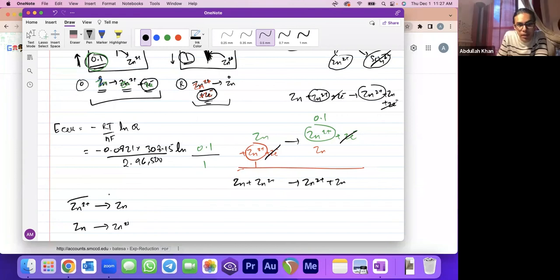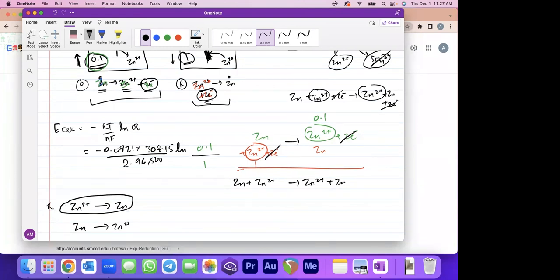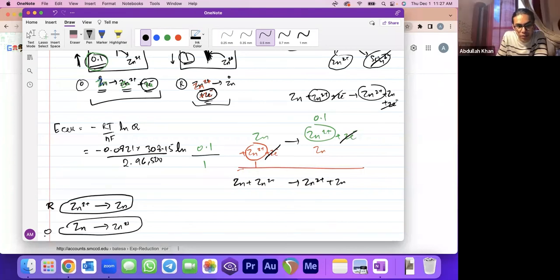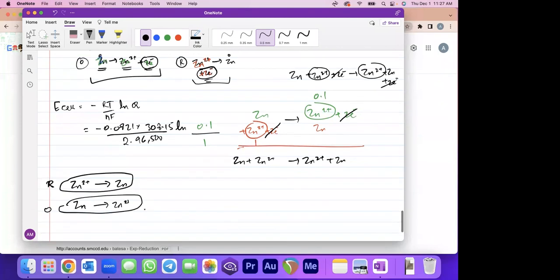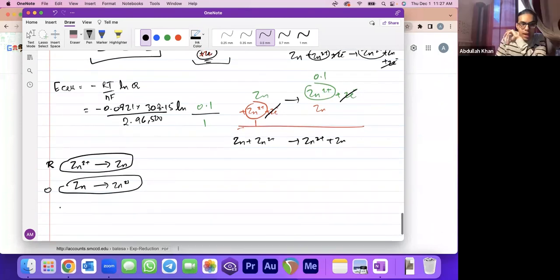This you got by looking at the reduction reaction, correct? Yes. And this you got by looking at the oxidation reaction. Yes. Okay. You want to add these up now? Yeah. So I'm going to add them up.